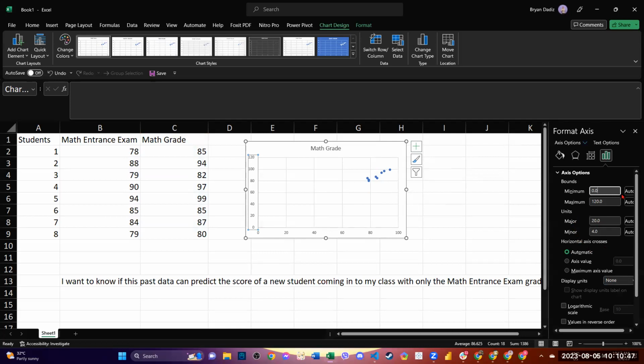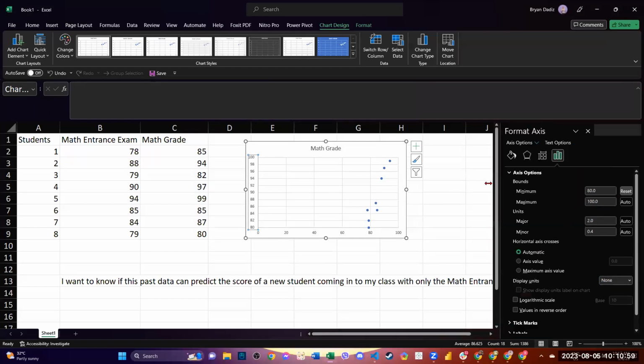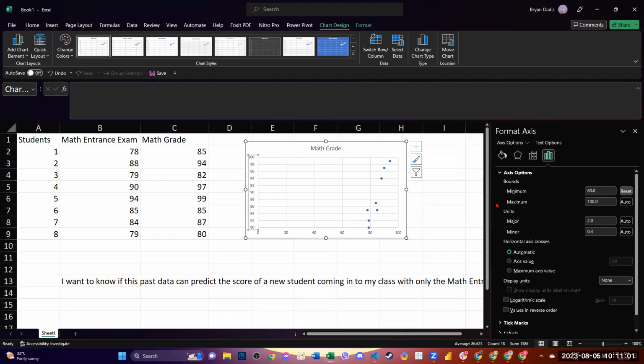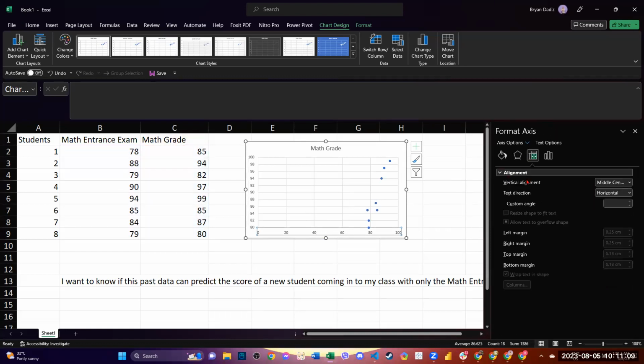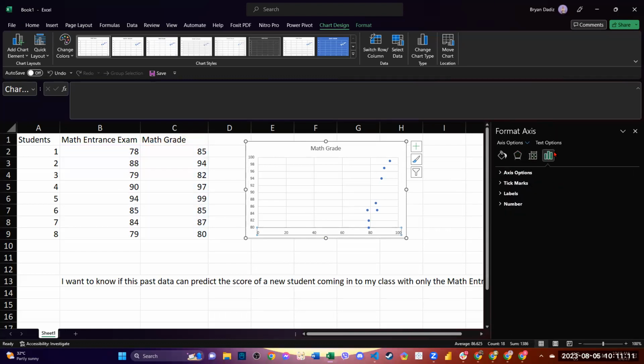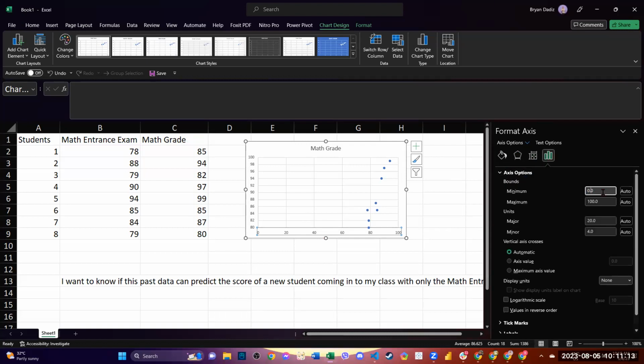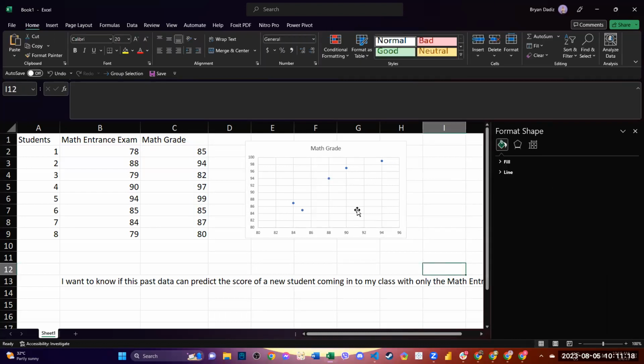So the minimum is 80. And what axis is this? Minimum. And this one, we want to start also with 80. Okay. So this looks better.